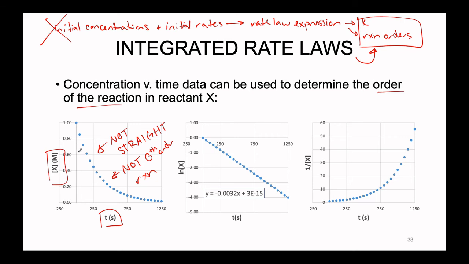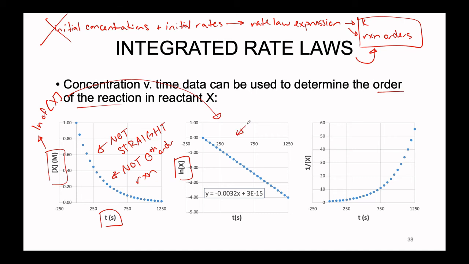So what we're going to do is manipulate our concentration data by taking the natural log of those same concentrations. We're taking the natural log of the concentrations and plotting them versus time in the second graph here. Now we can see that there is a linear relationship.